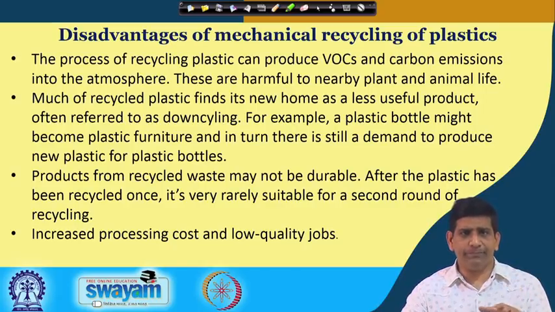So it does help. At least we don't need new plastic for plastic furniture, but since it's mostly downcycling, we do need to produce newer plastic for the kind of material from which this recyclable plastic was sourced. That is, I would say, an operational issue.